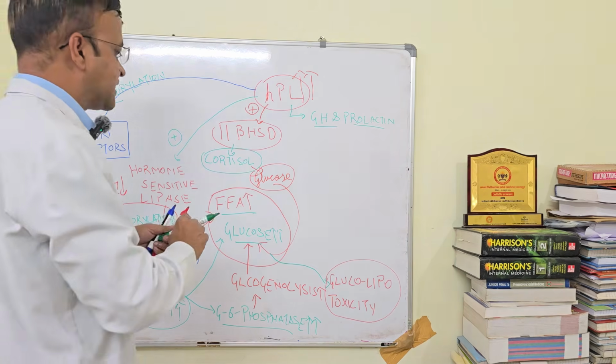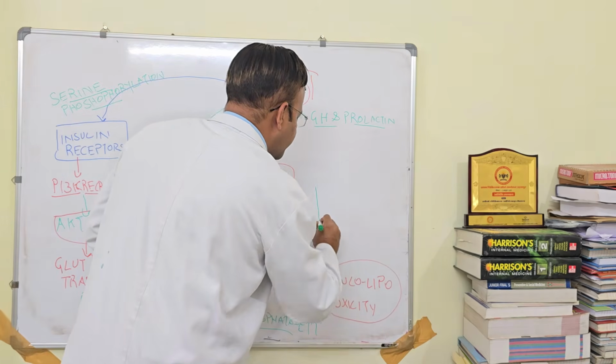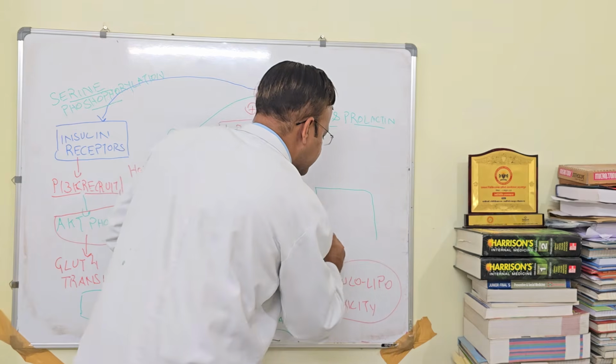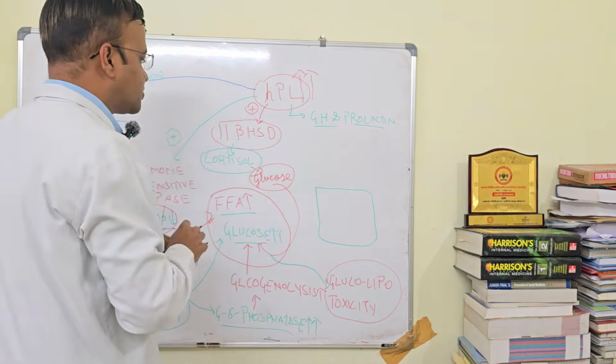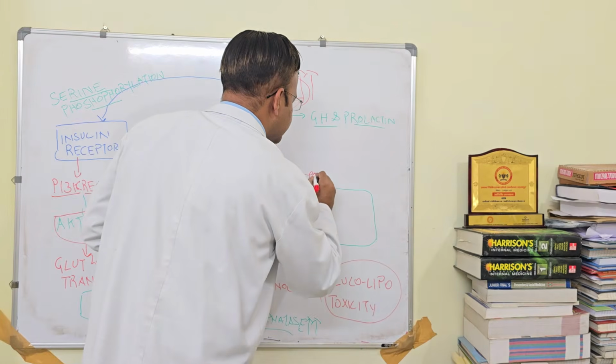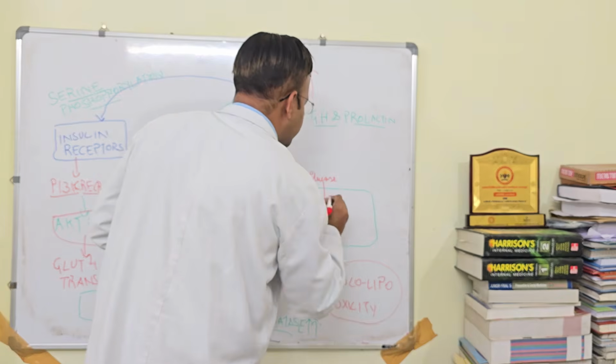I will draw a beta cell over here, and if you follow my previous videos, you know what is going on inside these beta cells, right? So what is going on inside this beta cell? The glucose is entering, right? And who is sensing the glucose inside the beta cell?